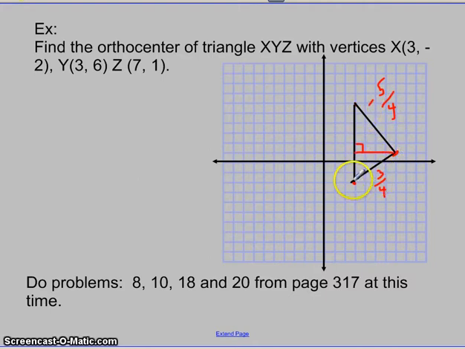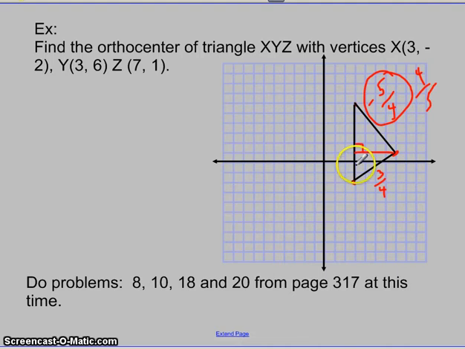So what I need to do then is, if I choose this vertex, I need to go perpendicular to this slope, which would be a positive 4/5. So from right here, I'm going to count up 4 and over 5, and then I'll be able to draw in that altitude.